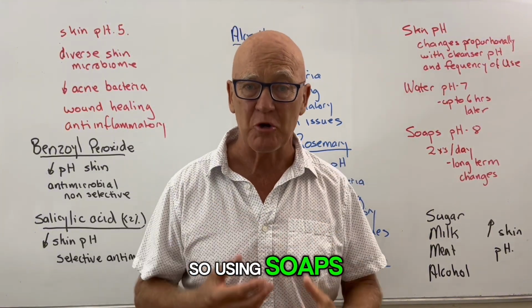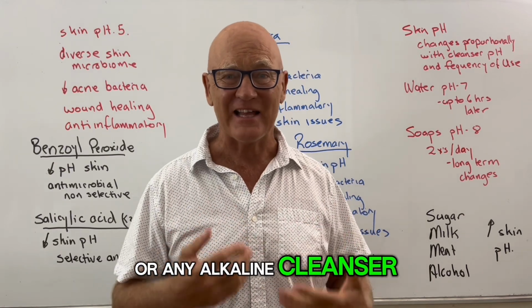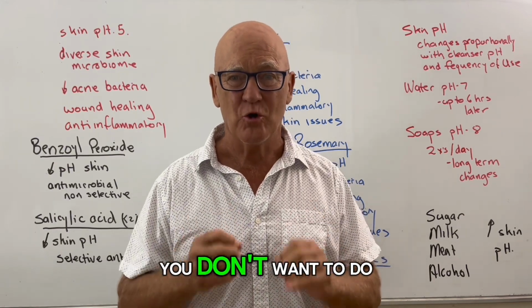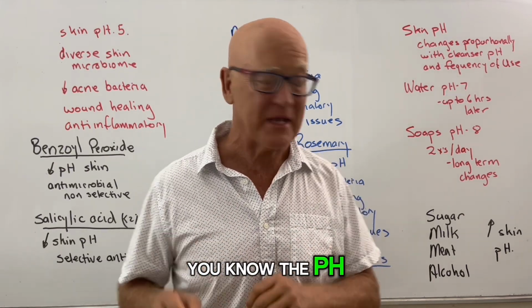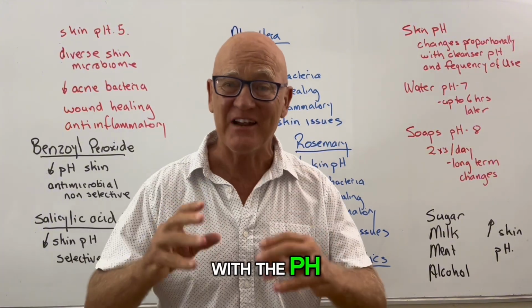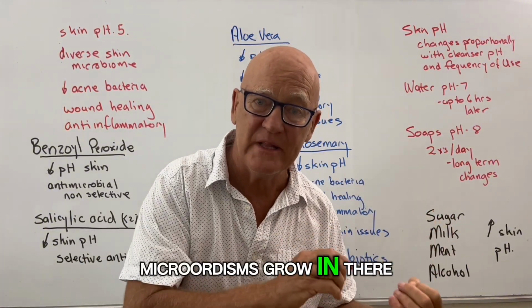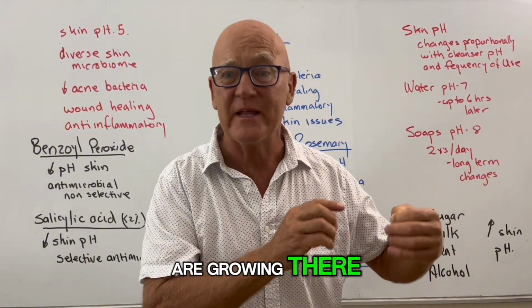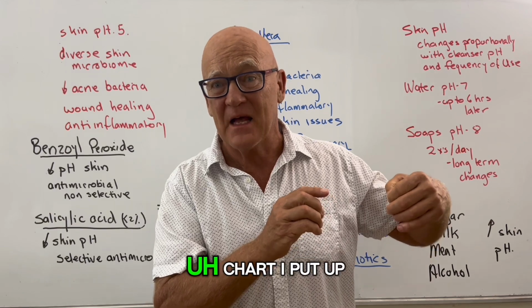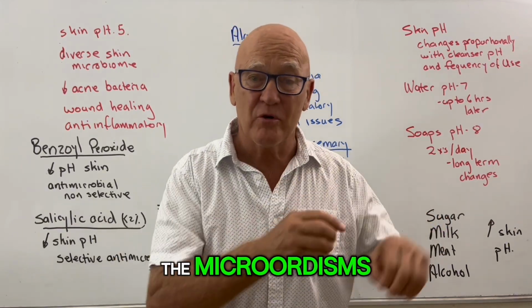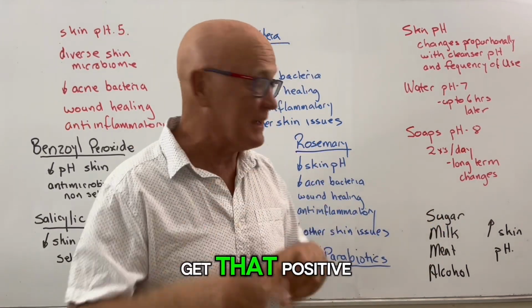So using soaps or any alkaline cleanser, you don't want to do. So make sure you know the pH, because again, the pH controls what microorganisms grow in there. And the microorganisms that grow in there, remember the little chart I put up, the microorganisms then determine the pH, and we want to get that positive one going.